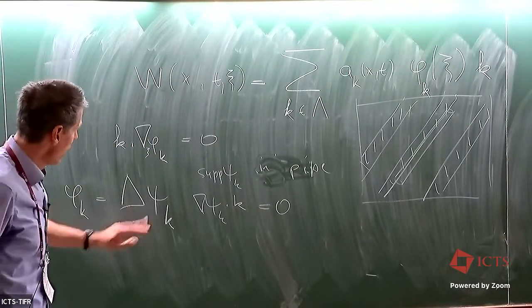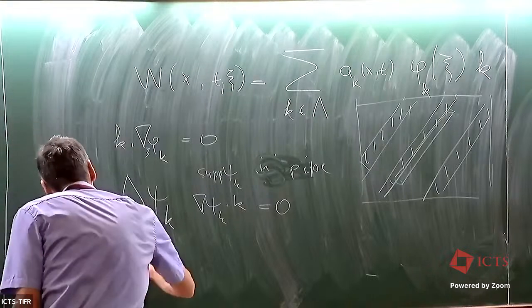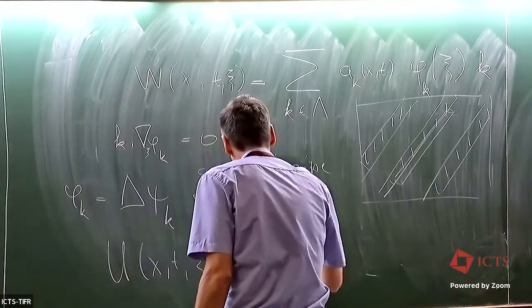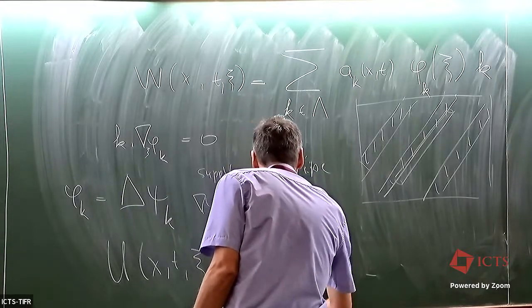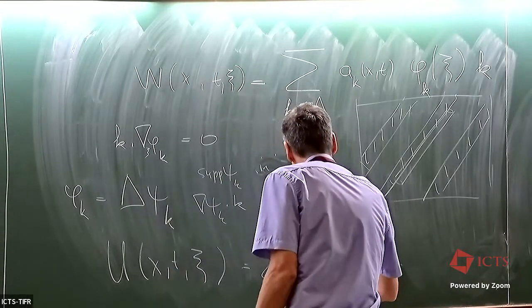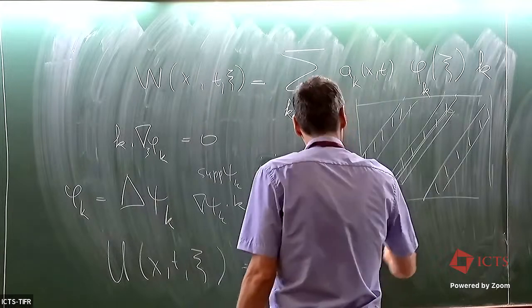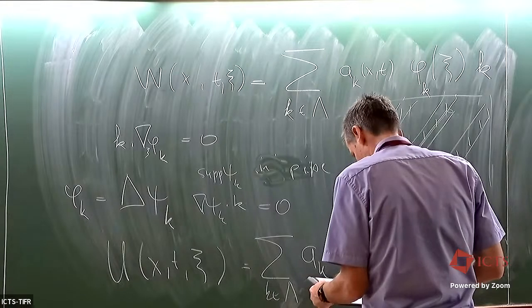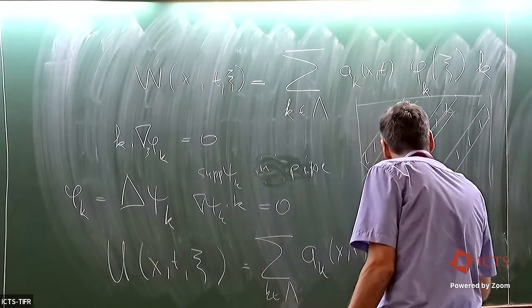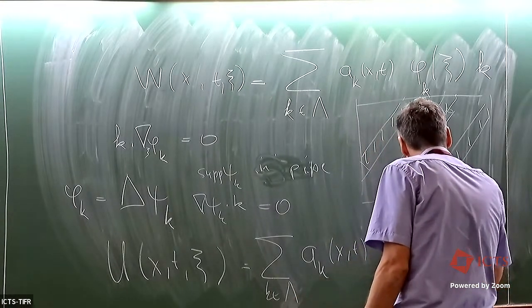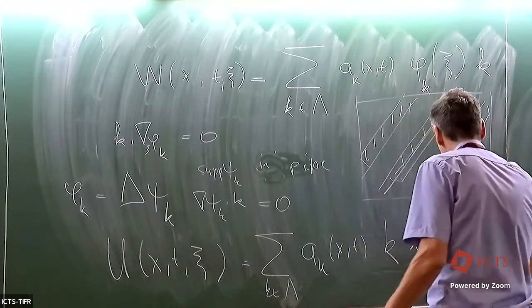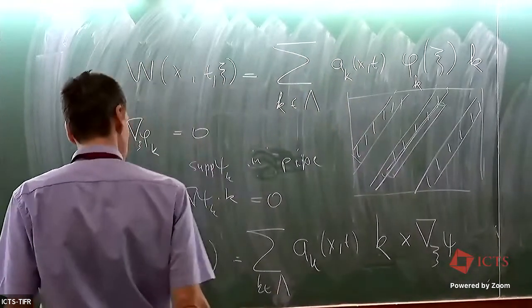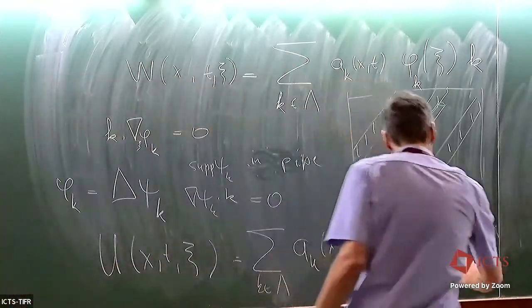This is useful because then I can write the vector potential by something like this: k cross product with the gradient.